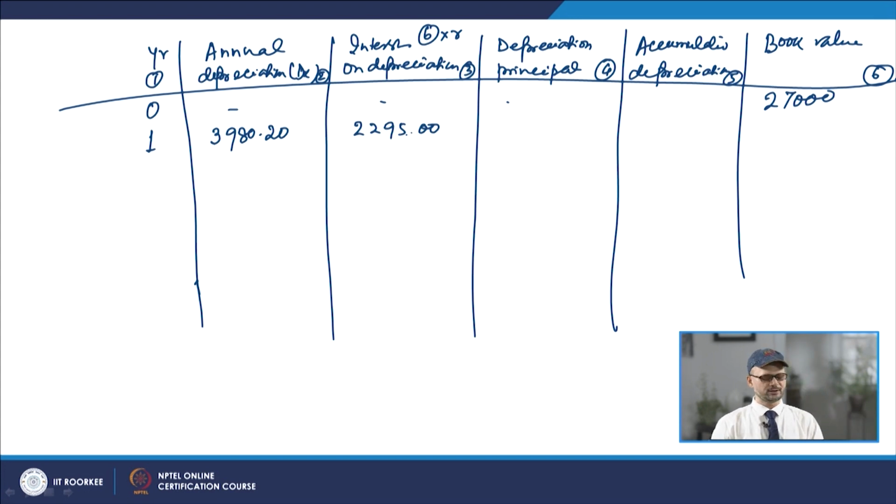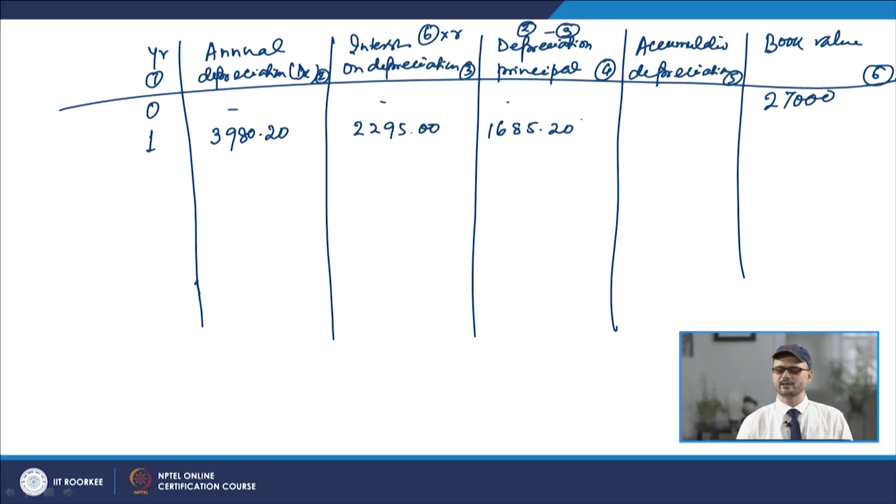Now, depreciation principal will be column 2 minus column 3, so you have to subtract this minus this. It will come out to be 1685.20.